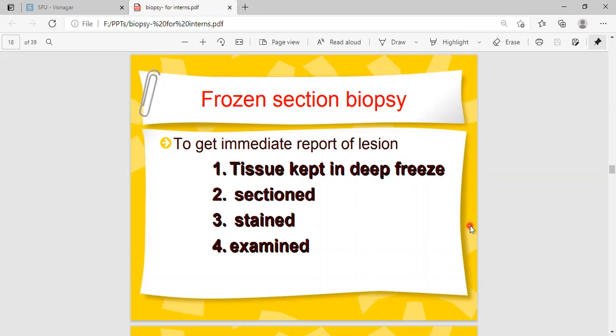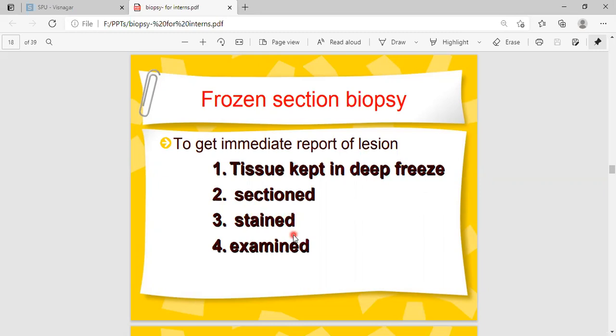So to diagnose histologically, you need to send the tissues when you are doing the surgery. That tissue is kept in a deep freeze section and then stained immediately and examined.